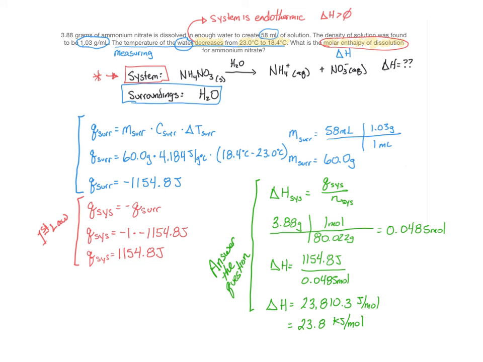So remember that this delta H really is the energy flow in the form of heat. It's just that we are accounting for how much substance we are using. In my lecture, I talked about how the amount of heat that we get from a fire when we put one log on the fire is different than the amount of heat we get when we put 2 logs.